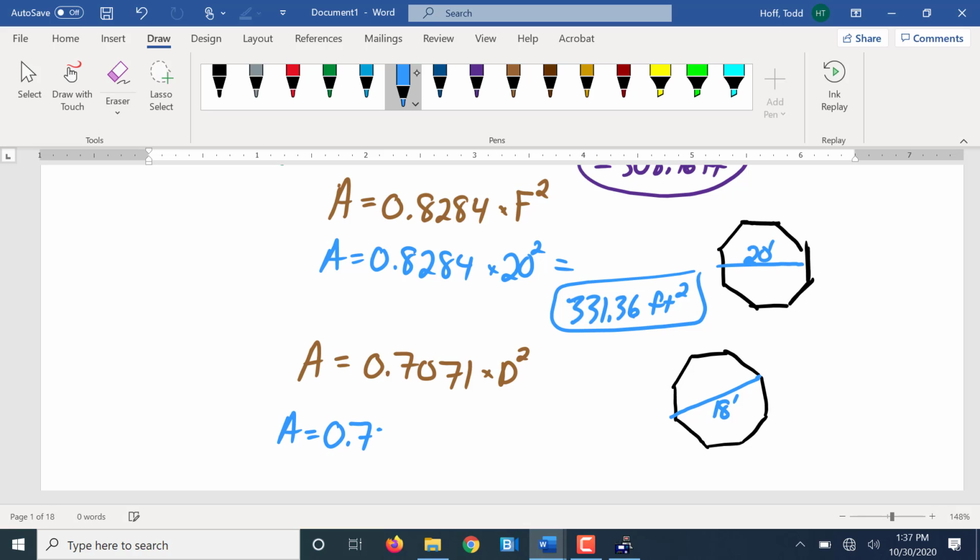So area is 0.7071 times 18 squared, which will give us 229.10. We'll call it 0.10 square feet.